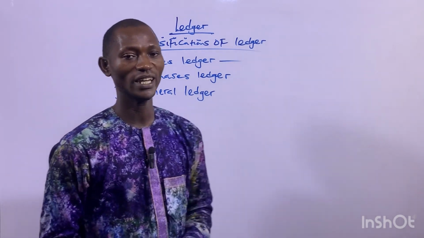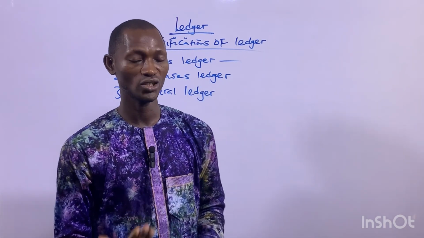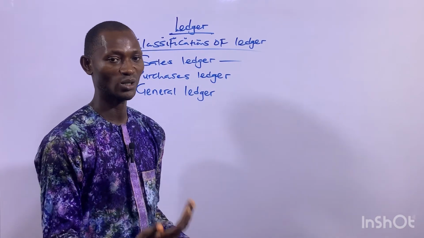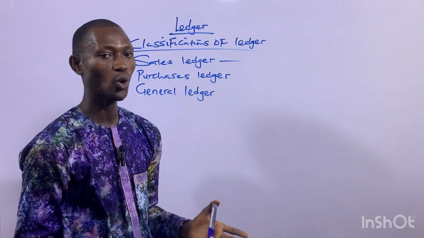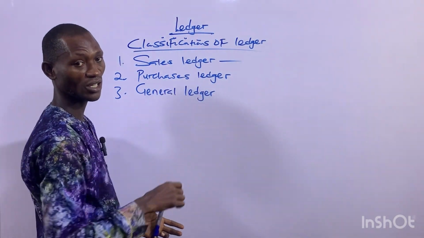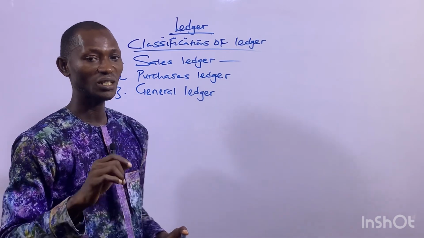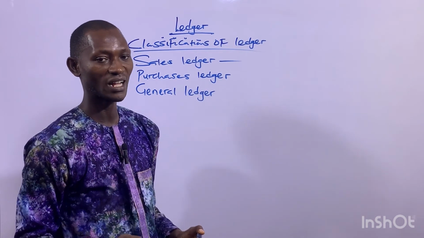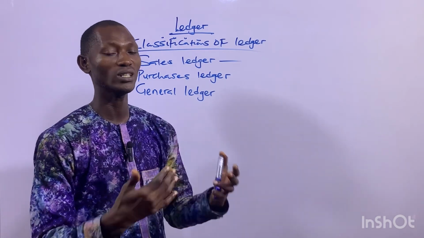So it is assumed that a business must sell on credit, and a business must also purchase on credit. So when you sell on credit to your customers, all the details of one customer owing you, they will find those details in the sales ledger. That's why we say sales ledger contains the individual debtors account or details on individual debtors who is owing you.